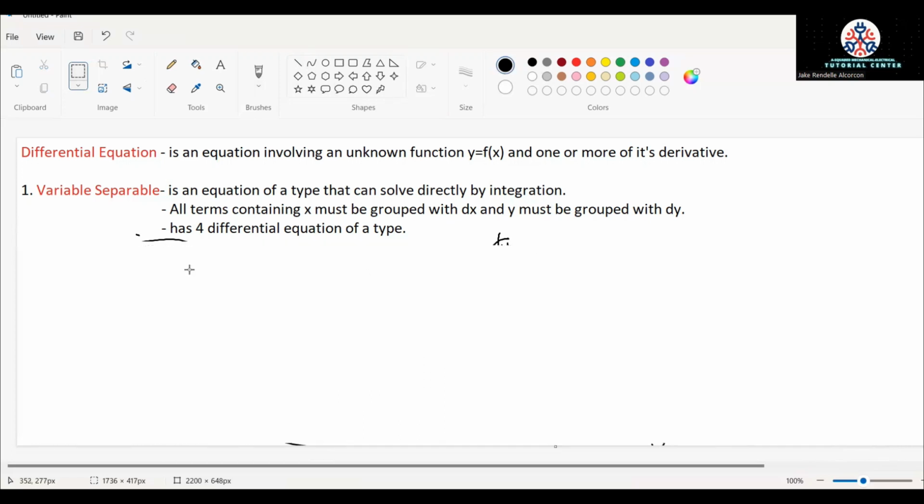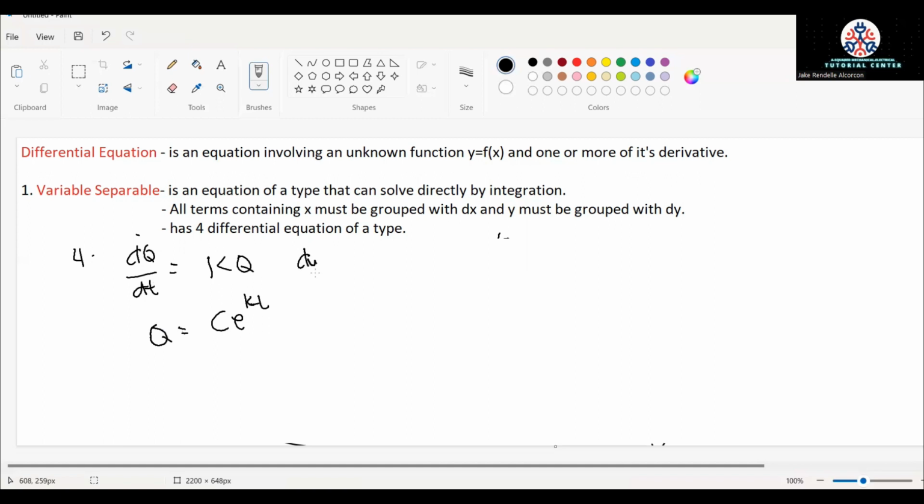Then let's go to the last one, number 4 differential equation type of the variable separable. Number 4 is dq over dt equivalent to kq, where the general solution is q equals c e raised to the power of kt. In order to understand this equation, we need an example.